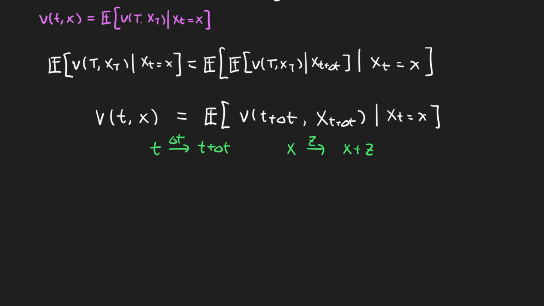Then we can expand this integral: the integral of v at t plus delta t and position x plus z, times the transition probability, and then we integrate over z.